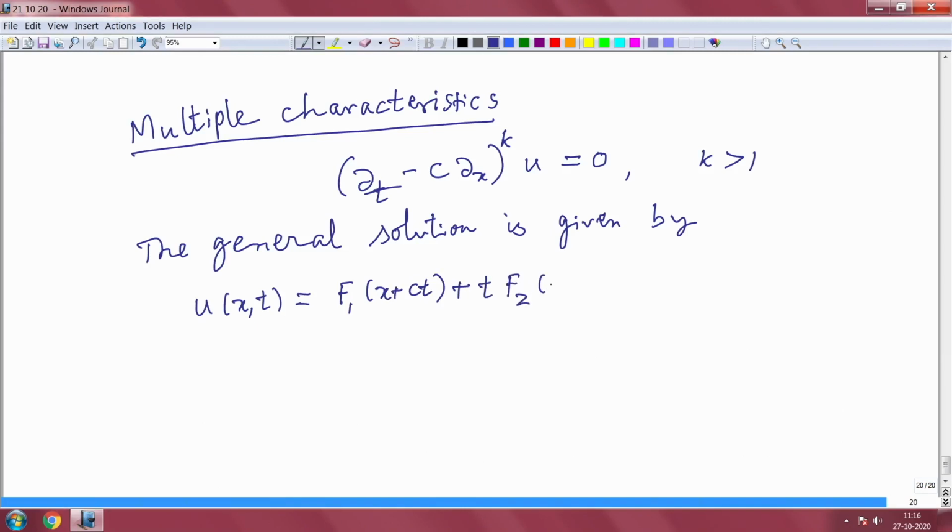This we saw for k equal to 2, and now you do an induction argument and you get this.